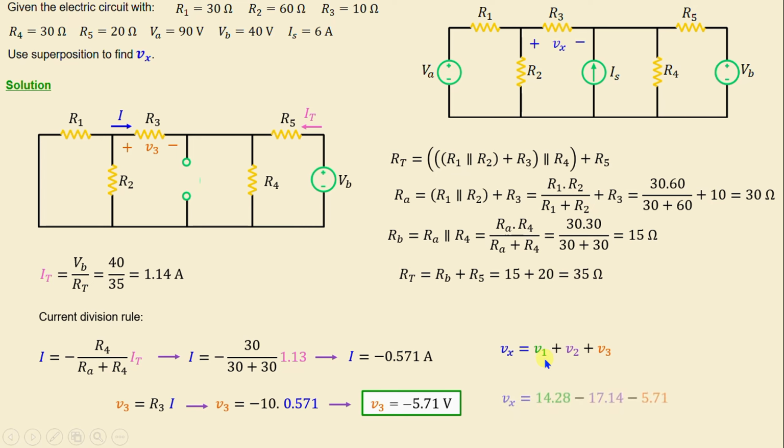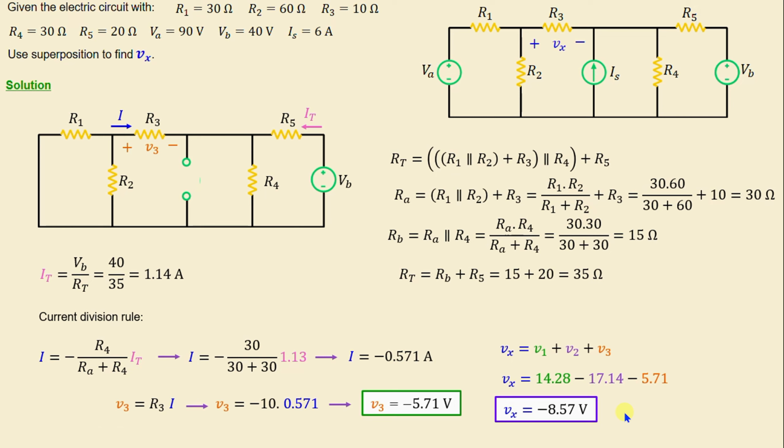And if we replace V1, V2, and V3 with their numerical values, we obtain Vx is equal to negative 8.57 volt. After we finish the calculation, we conduct a simulation using a SPICE simulator in order to verify our results.